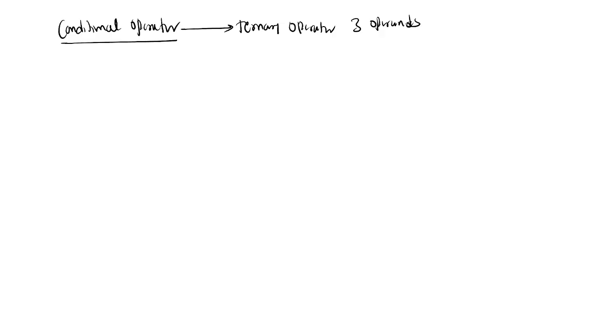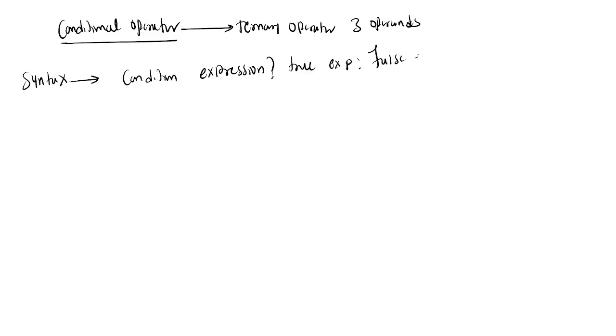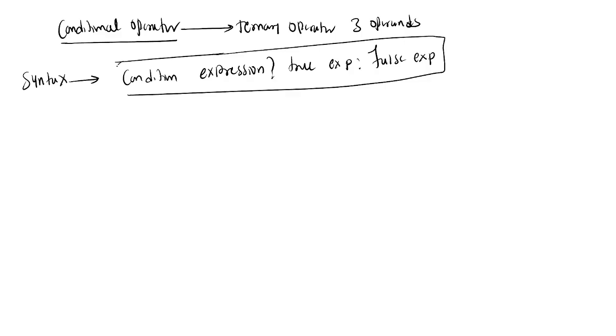Okay, so the syntax will be like this: condition, then the true expression or the false expression. That means if the condition is satisfied, then the true expression is assigned to the expression. If the condition is not satisfied, the false expression is assigned.